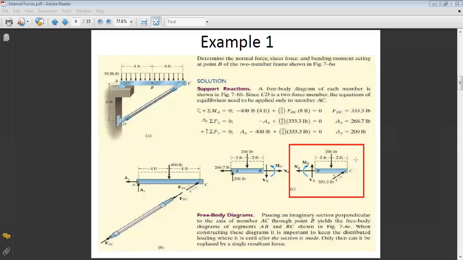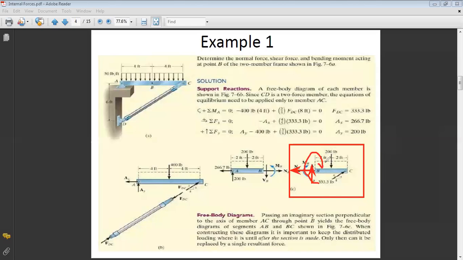Since I considered this part now, I will have the shear upward, because we said that the shear is chosen in a way to rotate clockwise about the end of the beam. We should choose NB now directed to the left in order to cause tension. And we should choose the couple in the clockwise direction to compress the upper part of the beam.